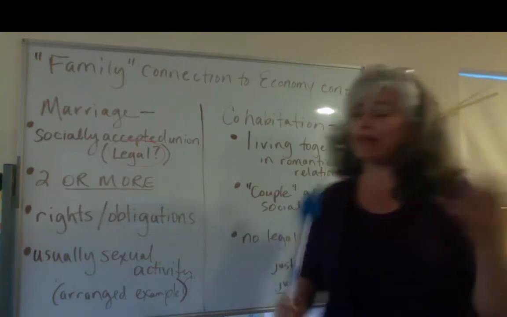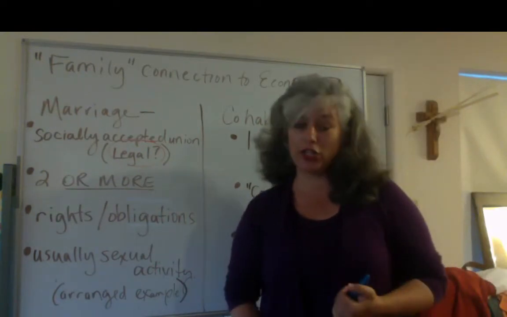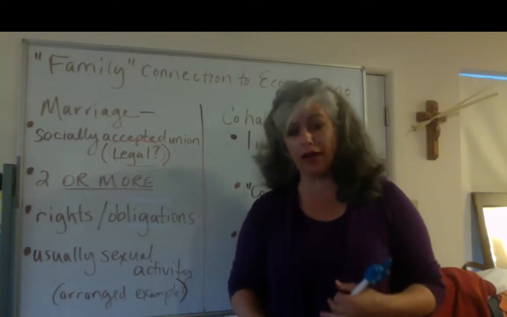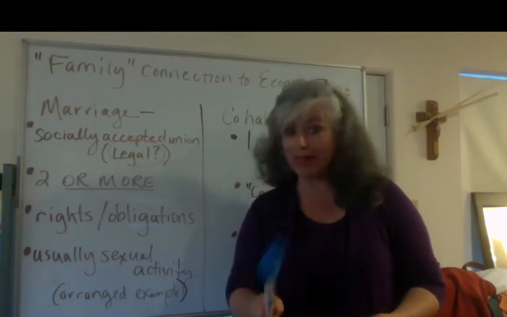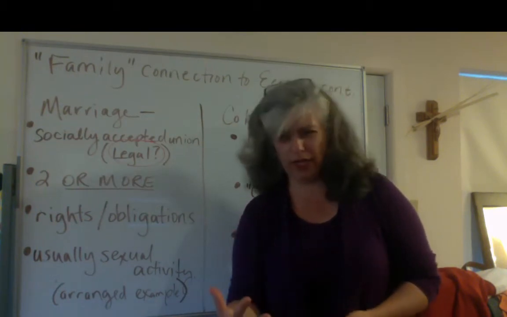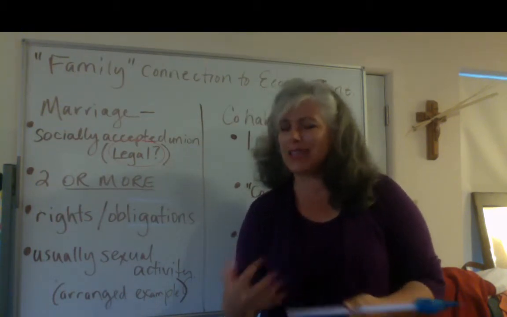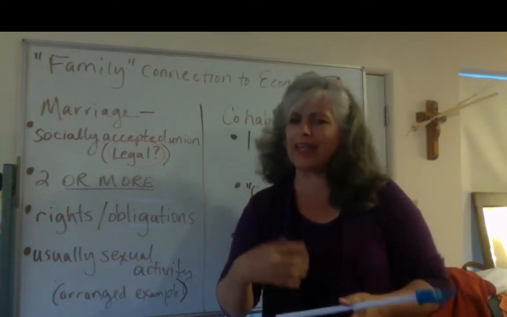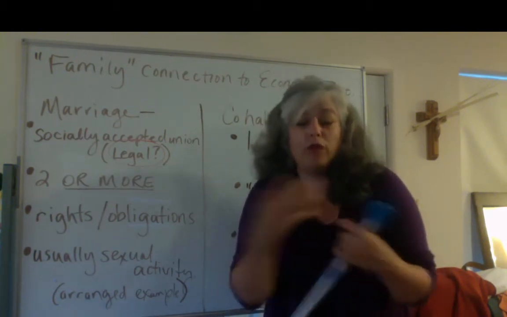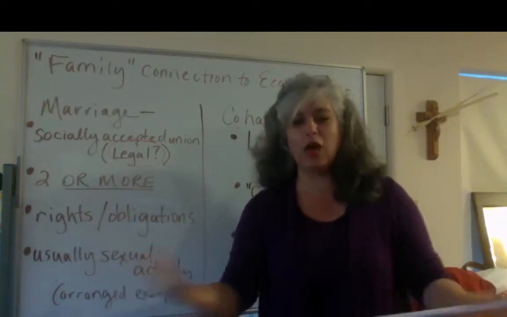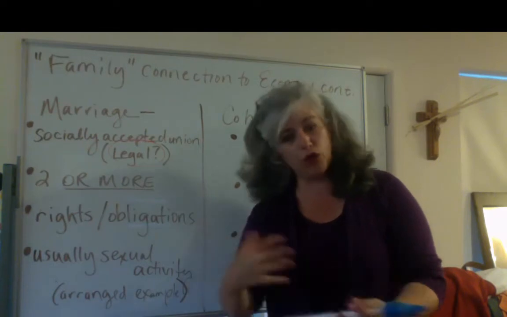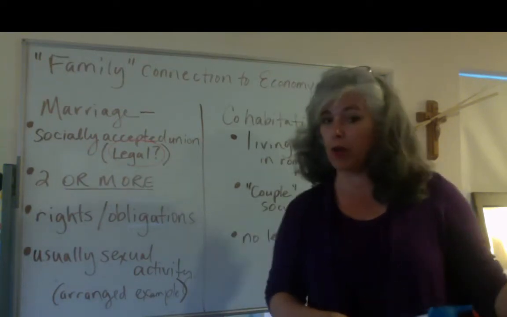So you might have noticed in that definition of the family that we have from the last lecture, please look at it now. If you don't already have it out in front of you, stop this and go get it. But there's nothing in there about love, really. We talked about living together in a commitment and caring for each other, and I mentioned that members of the human race, we are social animals, and we have psychological and emotional needs in addition to those economic ones.